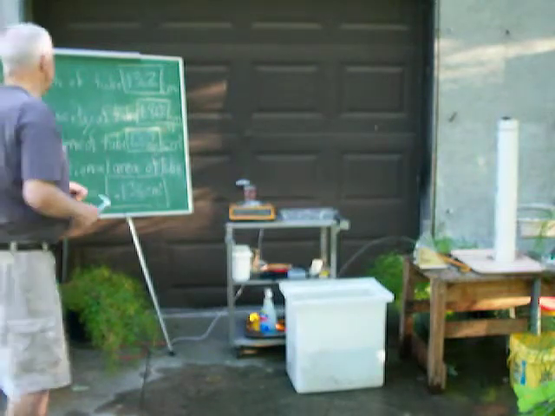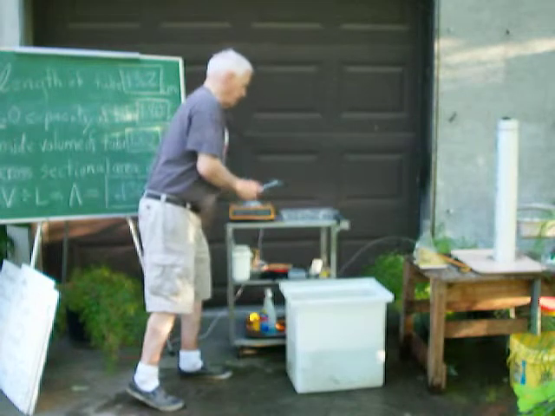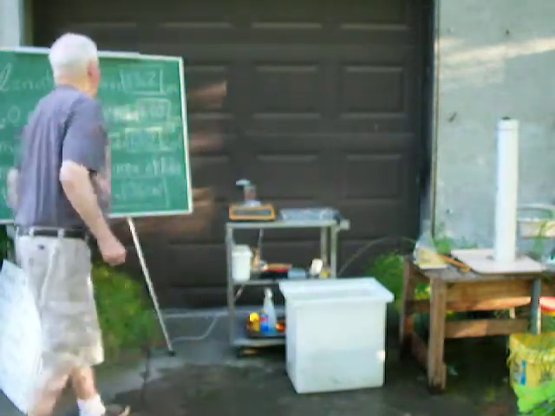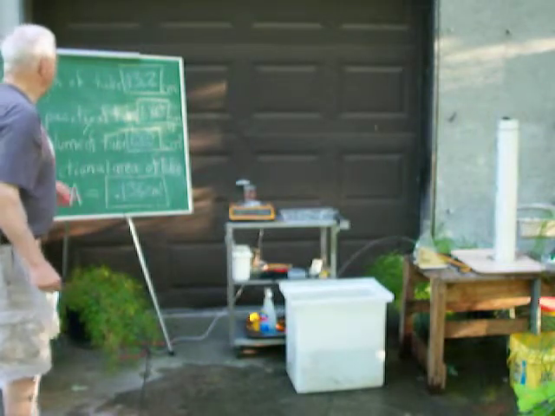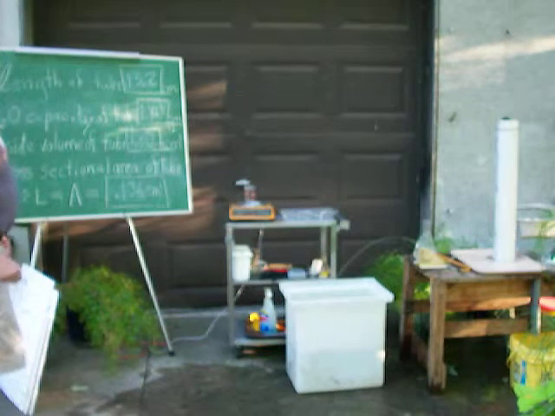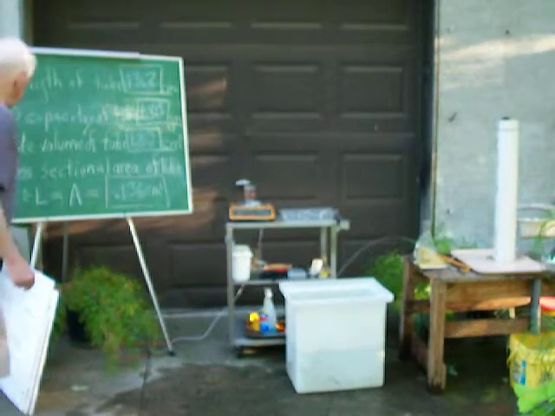When I measured that, I got 13.2 for the length of the glass tube. Dividing that 1.8 by 13.2, I get 0.136 square centimeters. So voila, there is the thing I need, the cross-sectional area.